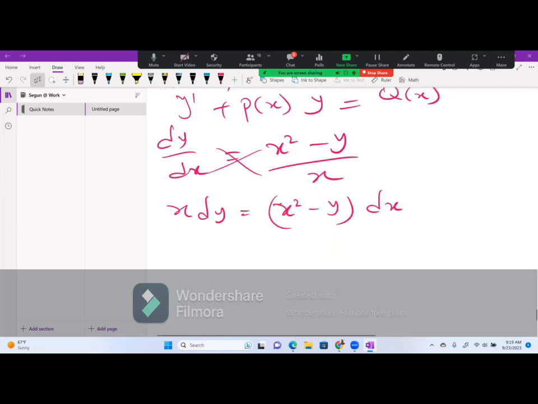So once I do this, what do I need to do next? Who can tell us how to make y prime come out? Divide both sides by dx. Then you have x y prime equals x squared minus y.